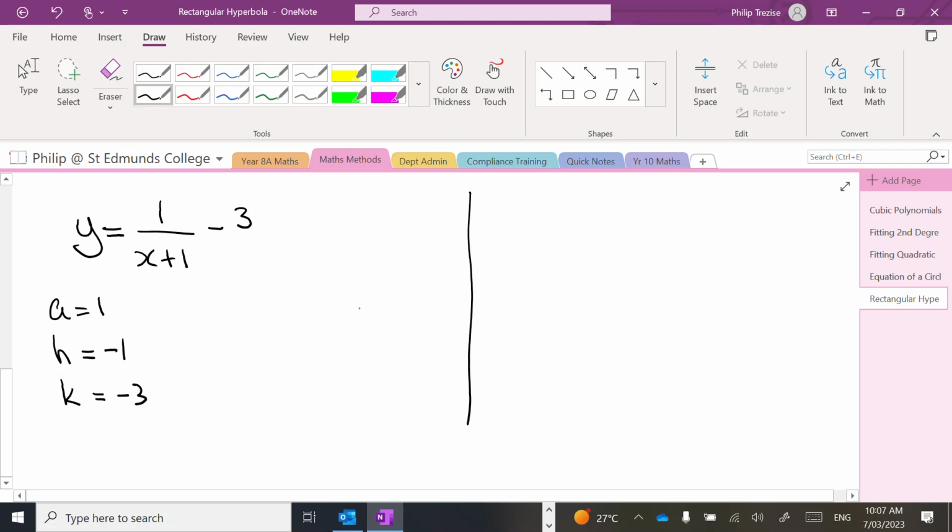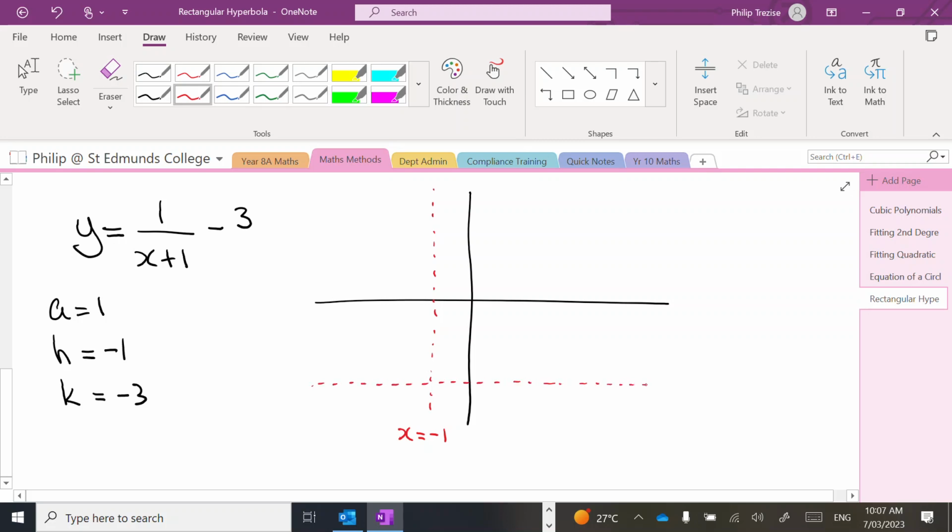Let's start to draw my graph. Now my vertical asymptote was the y-axis, but I have a horizontal shift of negative 1. So I'm going to have my vertical asymptote 1 unit to the left. That's the line x equals negative 1. My horizontal asymptote was the x-axis, but it's vertically shifted downwards by 3 units.